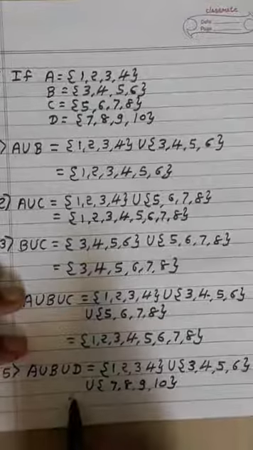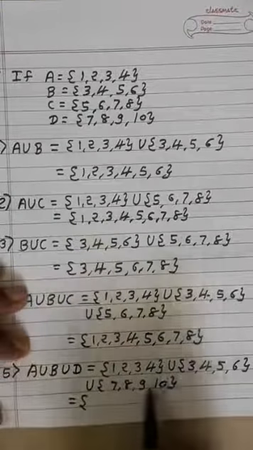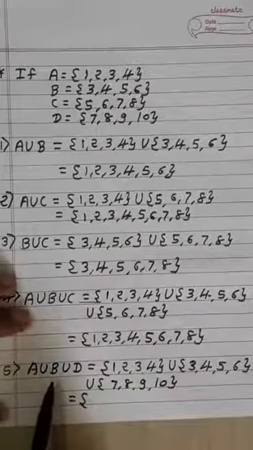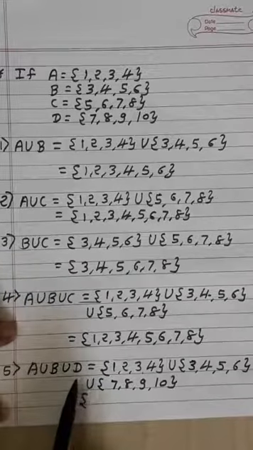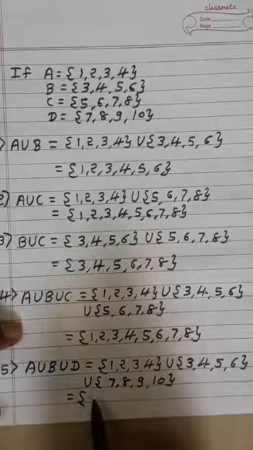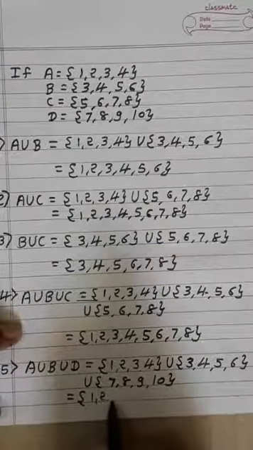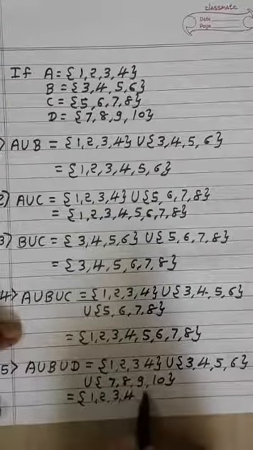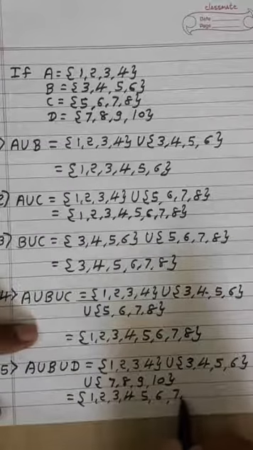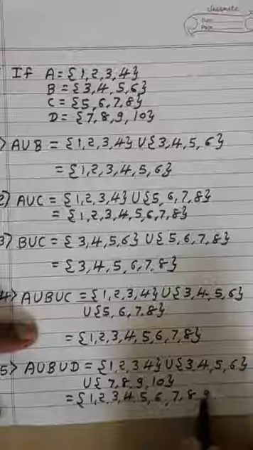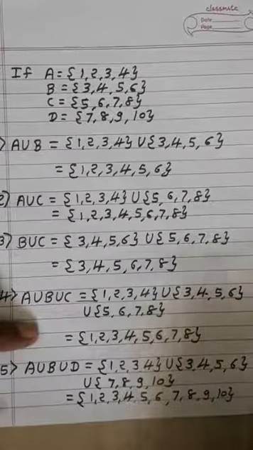Now the final answer is all the elements of set A as well as set B as well as set D. So 1, 2, 3, 4, 5, 6, 7, 8, 9 and 10.